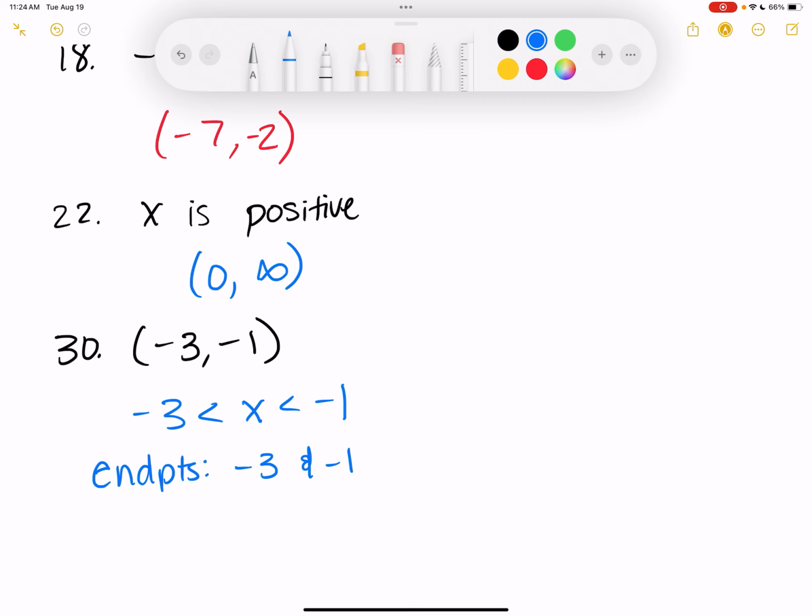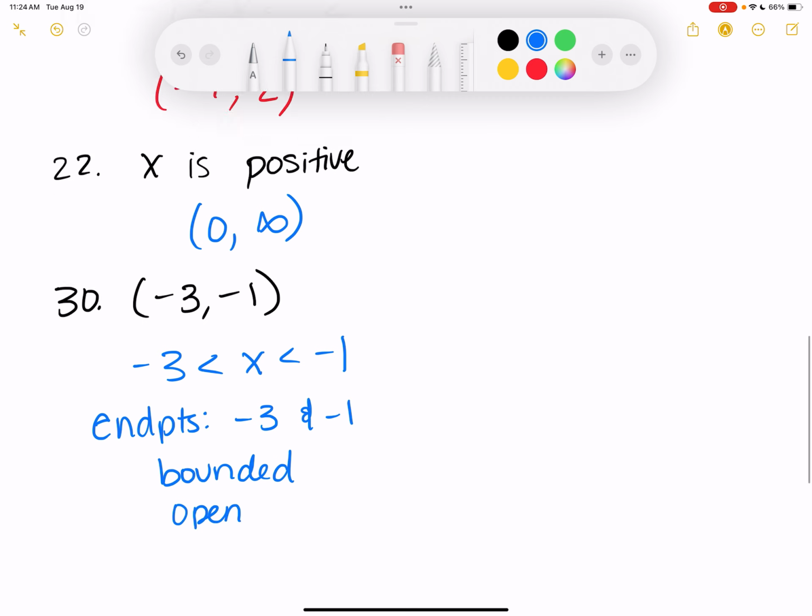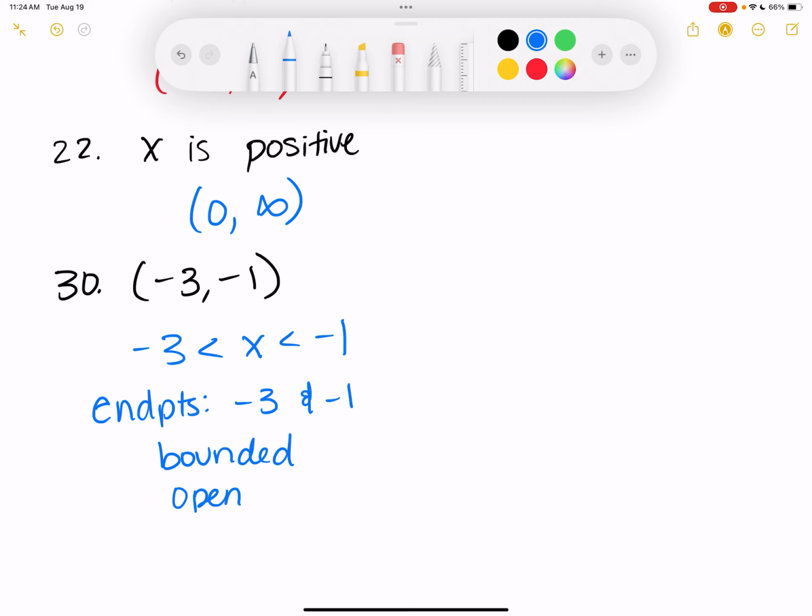Based on what you have in your notes, do you think this is bounded or unbounded? Bounded. Why? Because it's not infinity. Yep. It is bounded. And then is this open or closed? Or you could have half open, half closed. Open. So when it's asking you, it'll say, is it bounded or unbounded, and then it'll say in its type.